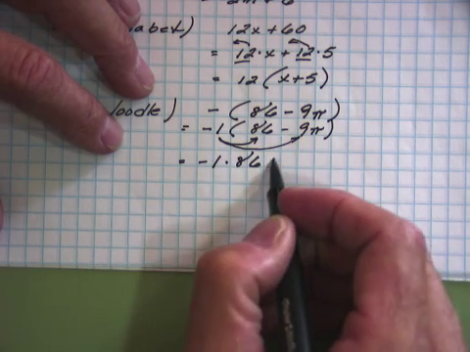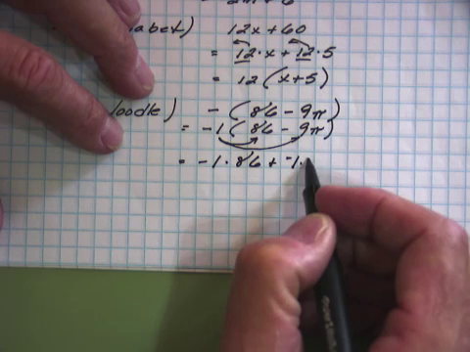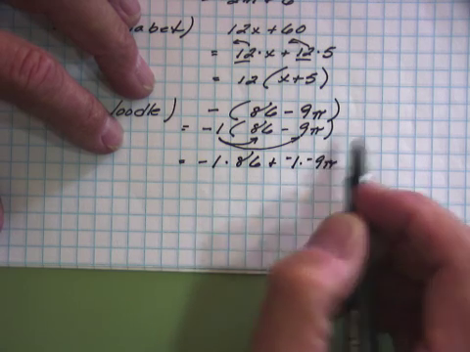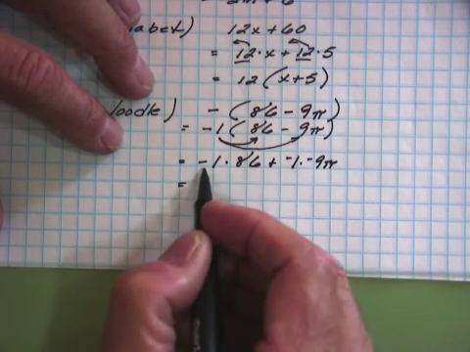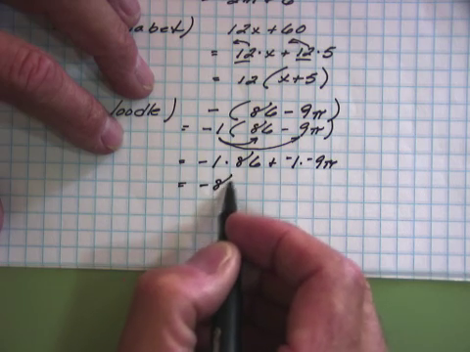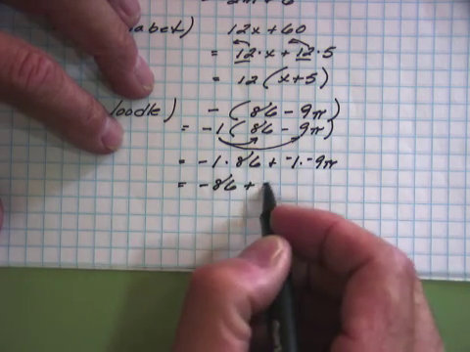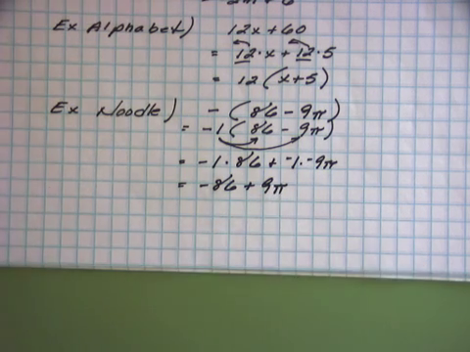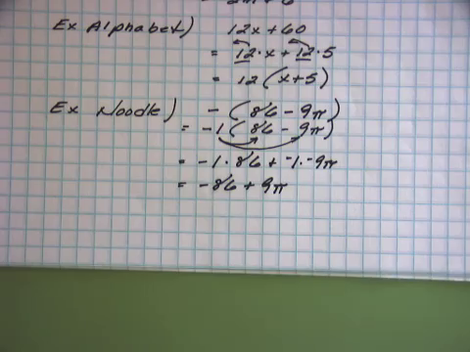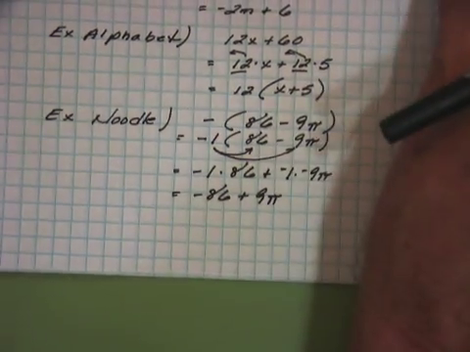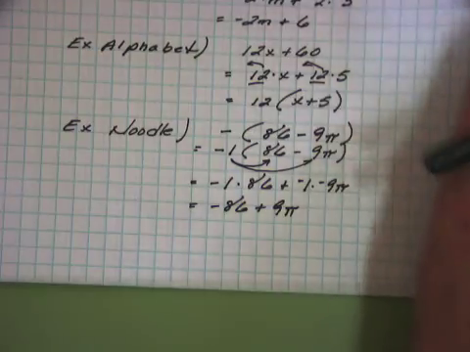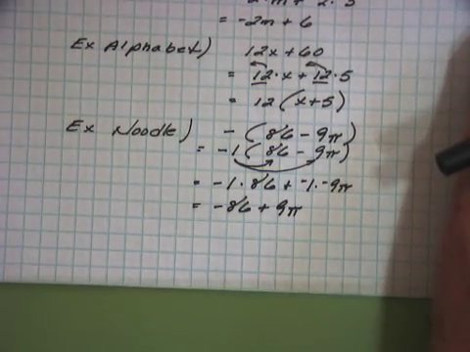Now you know you're going to be distributing a -1 to both the things in the parentheses. So you've got -1 times 86 plus -1 times -9 pi equals, now -1 times 86, that's -86, plus a negative times a negative is a positive, and you've got 9 pi. So that's the solution to that one.